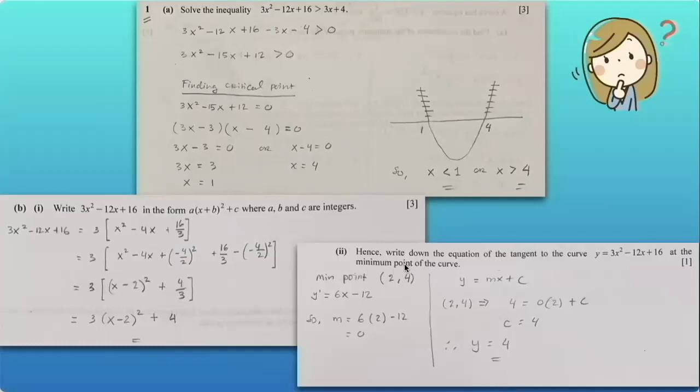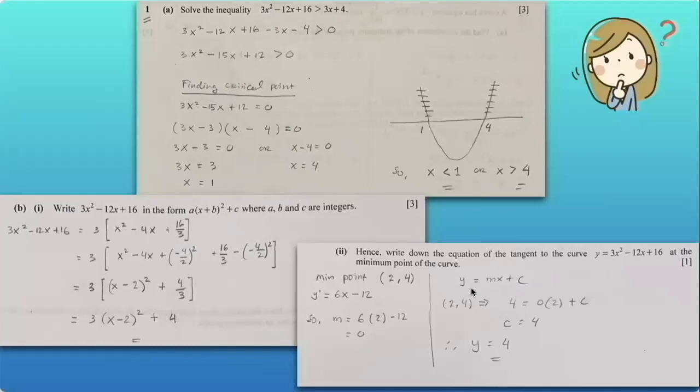Minimum point can be extracted from this expression. The minimum point is at (2, 4). And to find a gradient, we can differentiate y first to get this expression of the gradient function and substitute x with 2. So the gradient is 0.